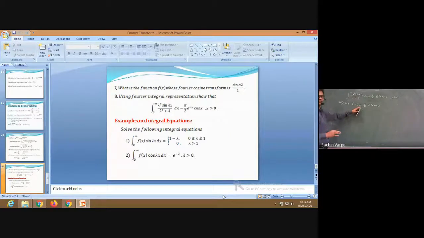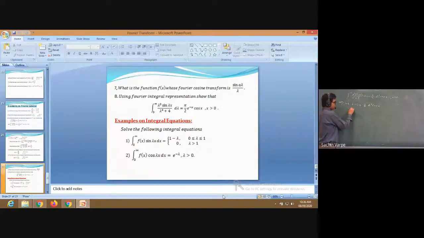I hope the first step is clear. We have started with this right hand side, and once we have f of x, what to do with this f of x? We first find the Fourier transform. Since this f of x is given in terms of sine, let me write the formula of sine.